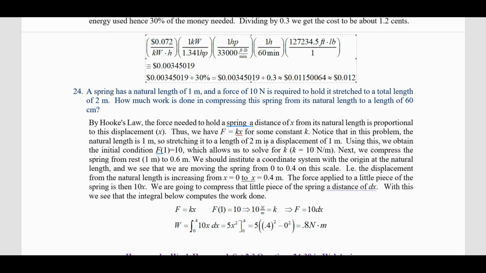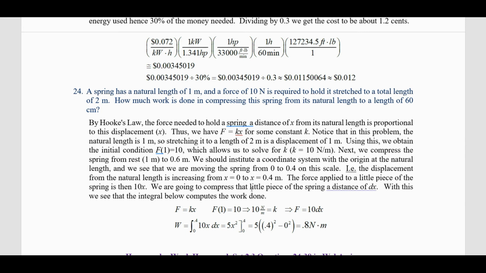A different spring will possibly have a different constant, but this one will be the same. So here we have a displacement of 0.4. We institute a coordinate system with the origin at the natural length, and we're moving the spring from 0 to 0.4 on that scale. So the displacement from the natural length is increasing from 0 to 0.4 meters.